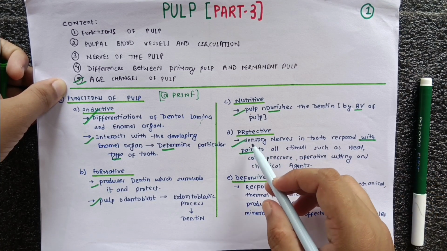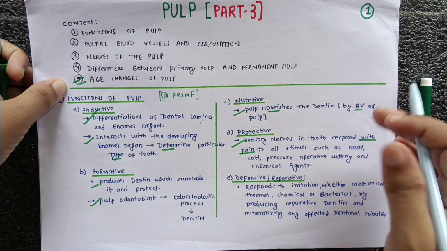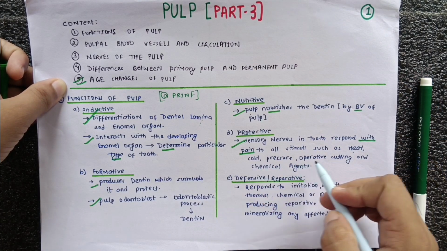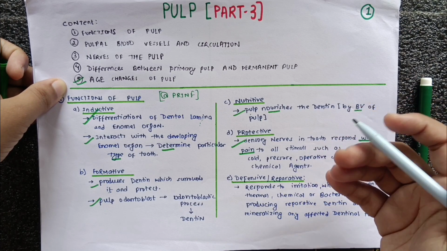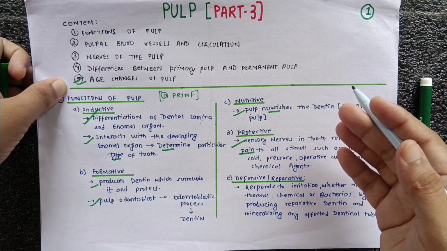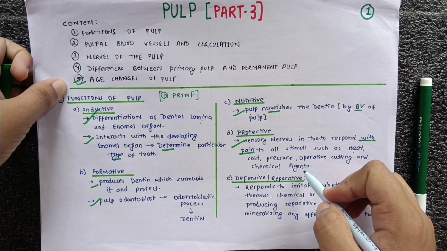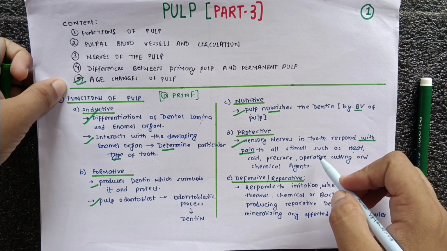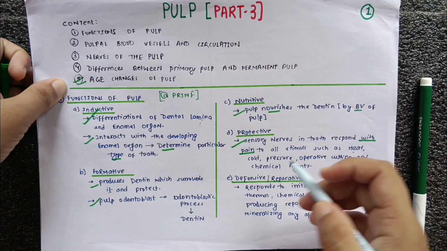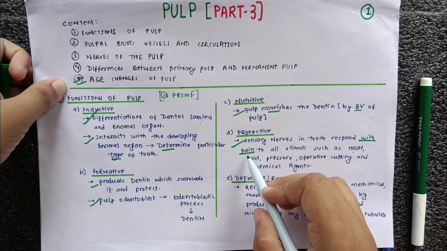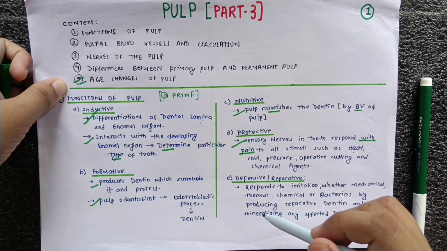In conservative dentistry, when we prepare a cavity, the operative cutting and the chemical agents, all those stimuli would cause a similar response, and that response is pain. That is one kind of protective function of the pulp.